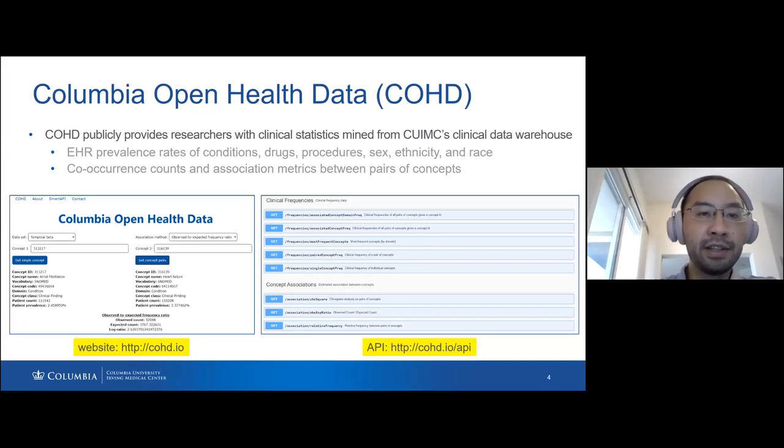Essentially, the COD data set provides EHR prevalence rates of conditions, drugs, procedures, sex, ethnicity, and race, as well as the co-occurrence counts and the association metrics between any pairs of these concepts. And to provide easy access to these data sets, we have a web interface that users can use to easily extract the information, as well as a RESTful API that people can use to computationally query these data sets.